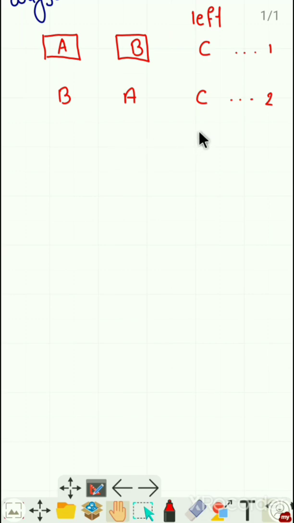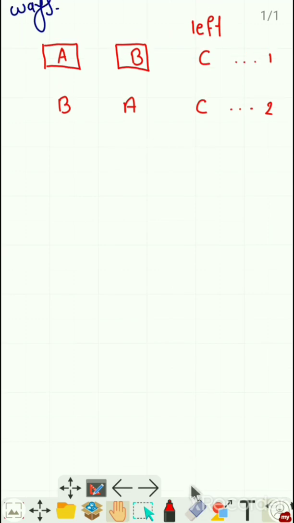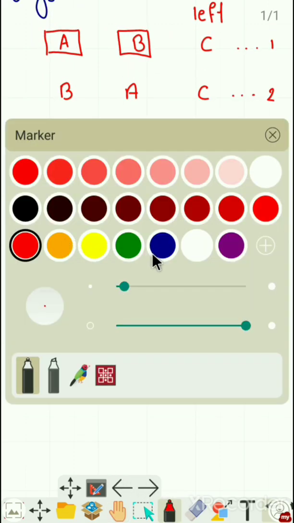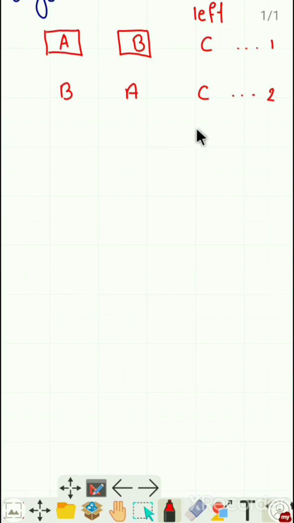In the third case, we leave out B and put C here and A here. Third way.